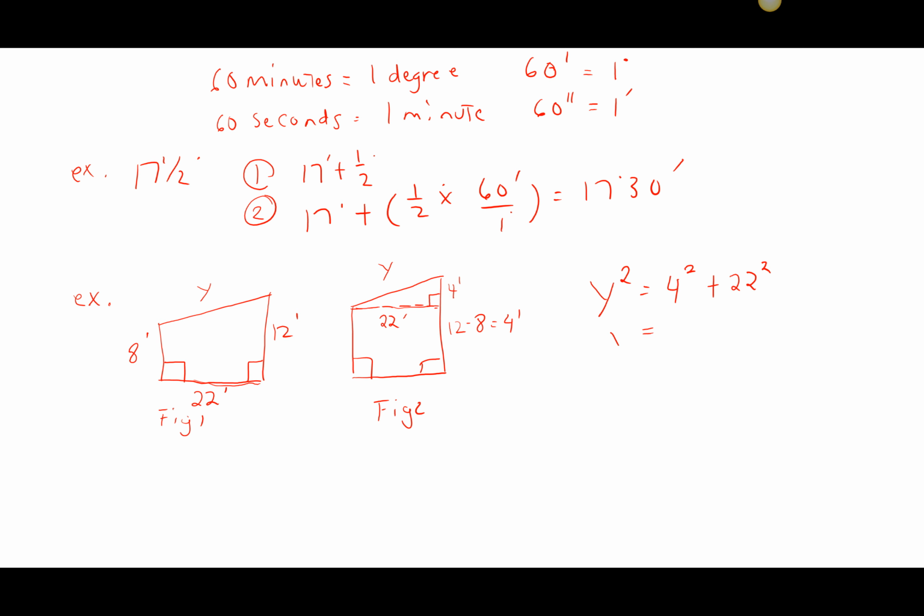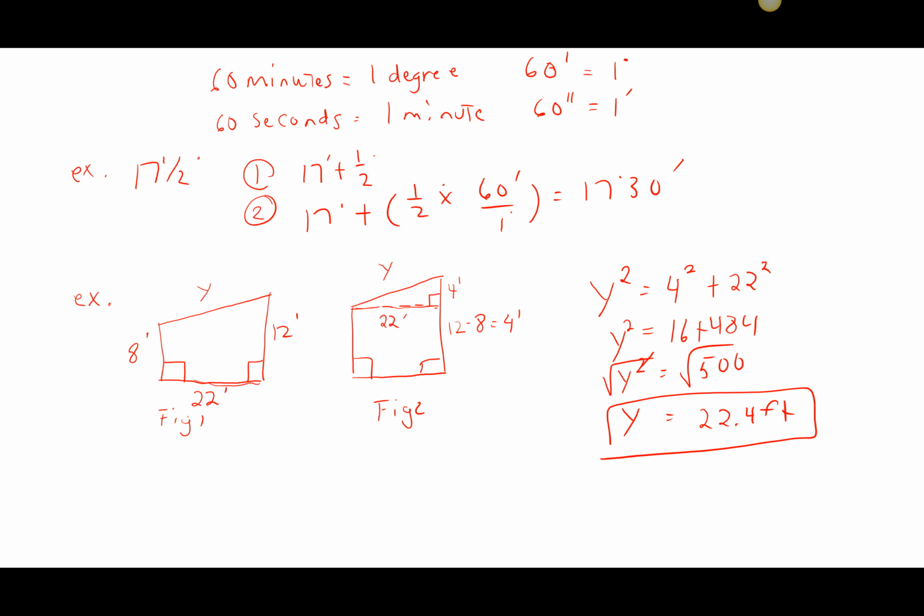So that's going to equal y squared is 16 plus 484. So y squared equals 500. Take the square root of both sides to get rid of that square. y equals 22.4 feet. So they need a beam 22.4 feet across to hold that wall up. Okay? So that's a good practical problem there.